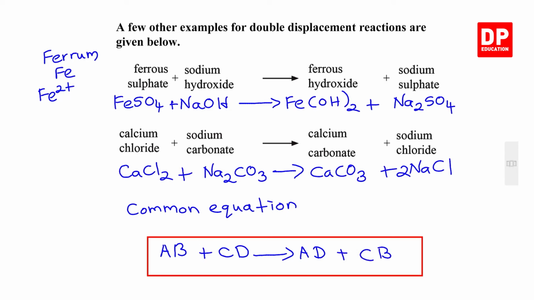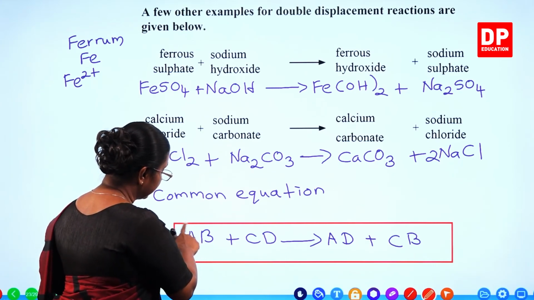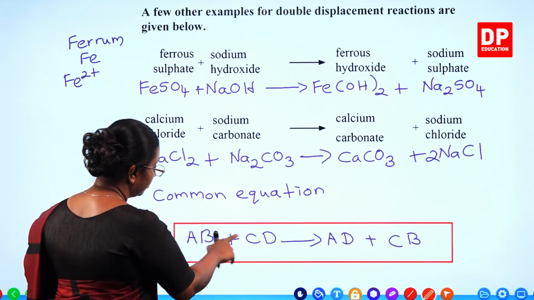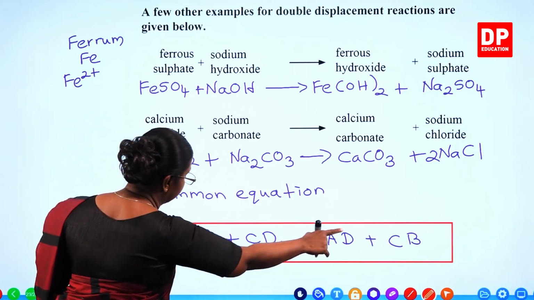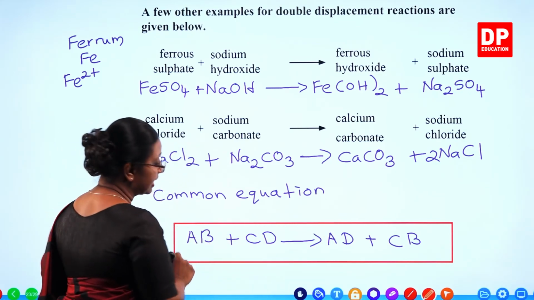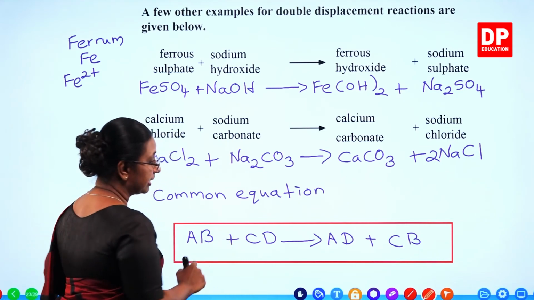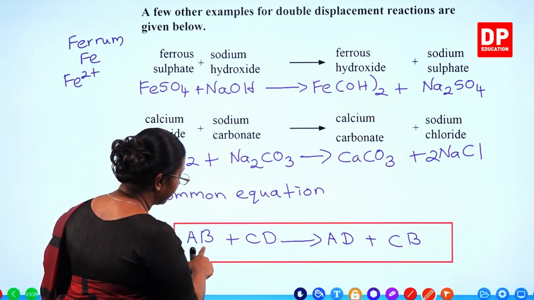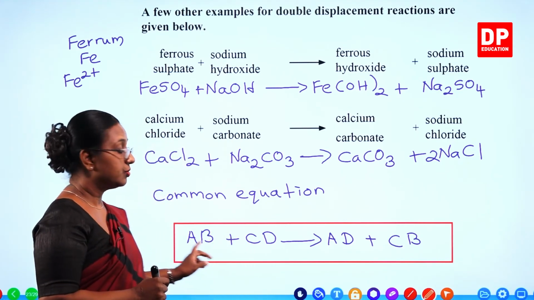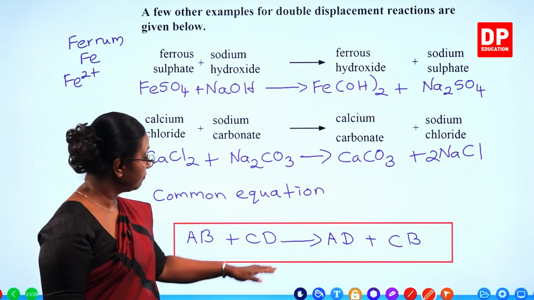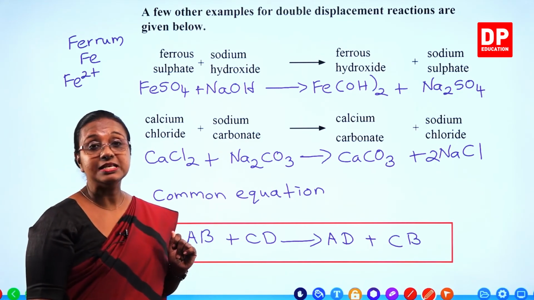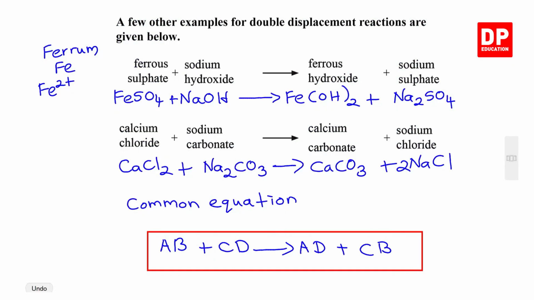So as I told you all before, A is the cation here. So it combines with the anion of the second reactant, AD. And whereas B is the anion here, C is the cation here. So it has to become CB. So that is the common chemical equation for a double displacement reaction.